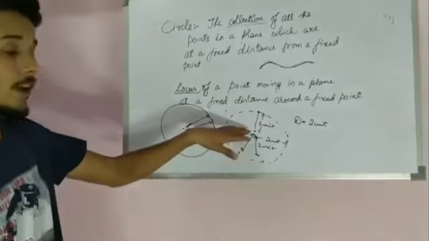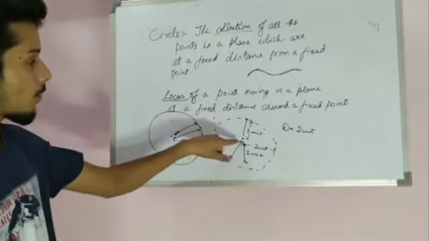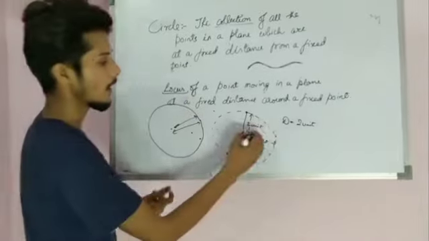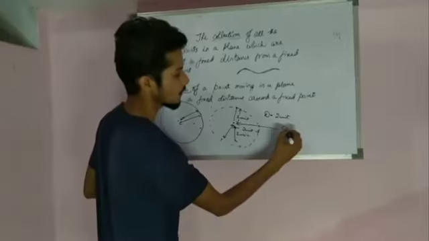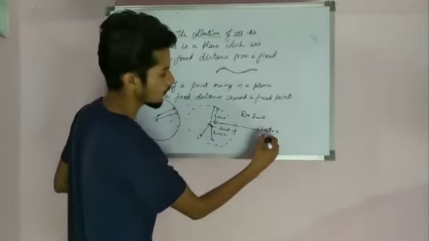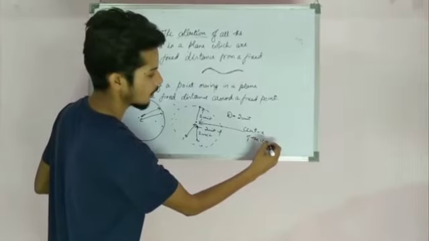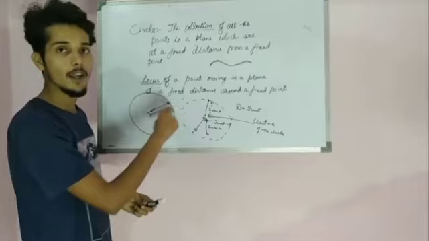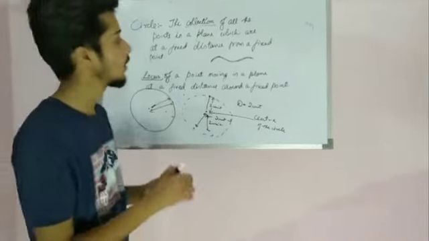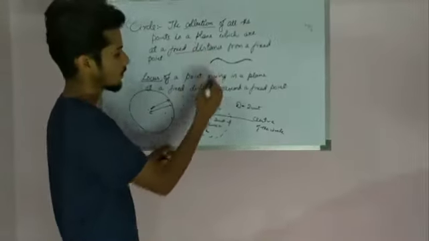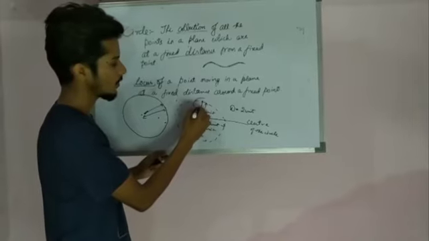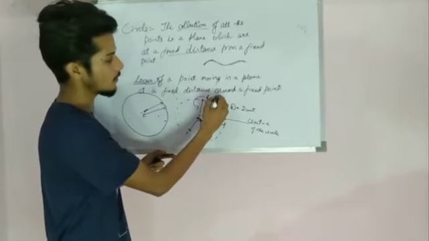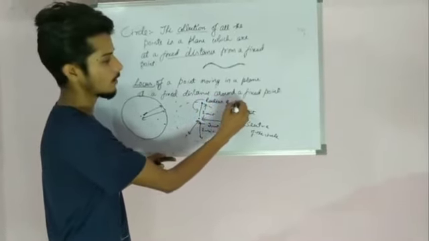So this fixed point has a special name. The fixed point that we have chosen is what we call the center of the circle. This is the center of the circle, and the fixed distance is what we call the radius of the circle. So in this case 2 units is what we call the radius of the circle.